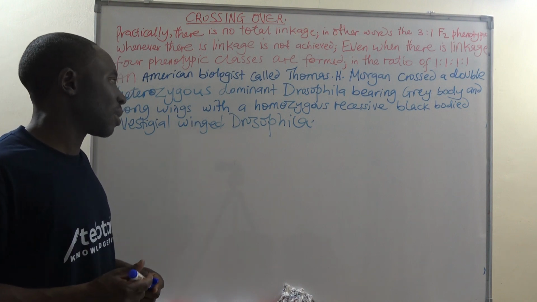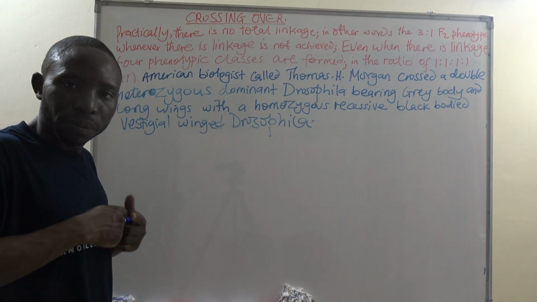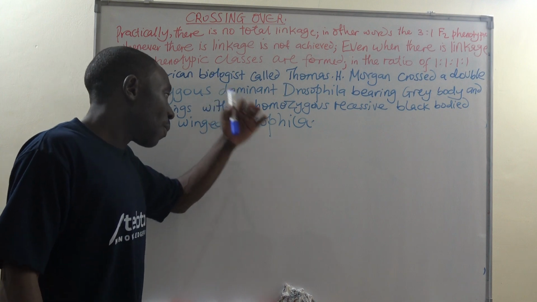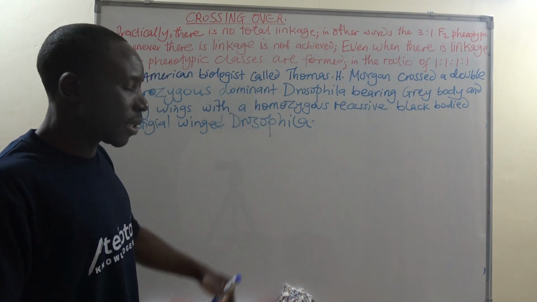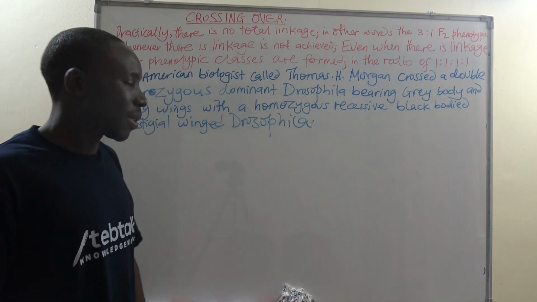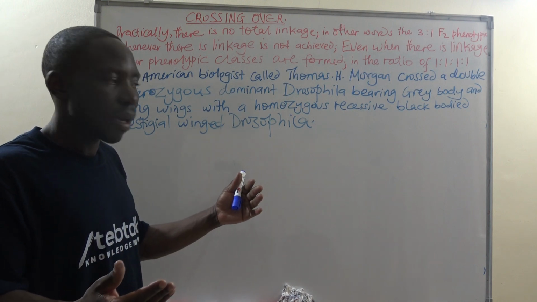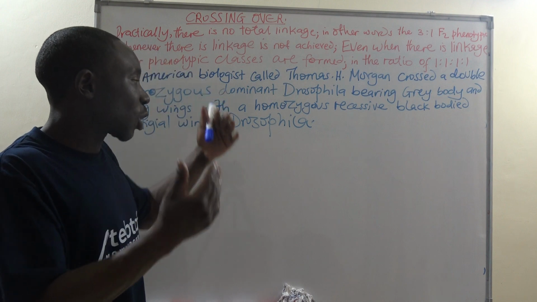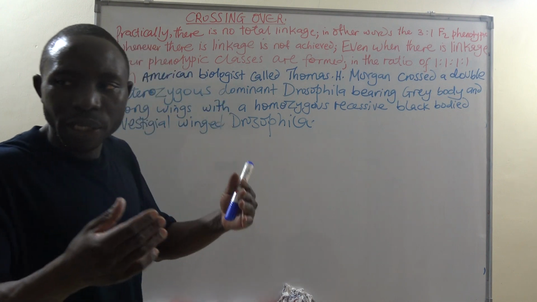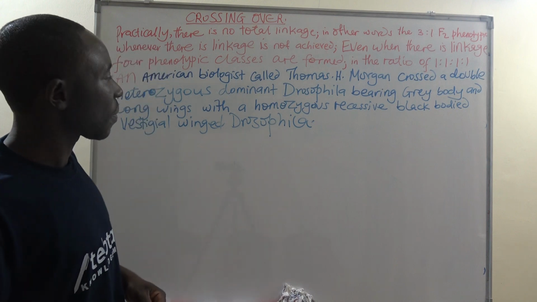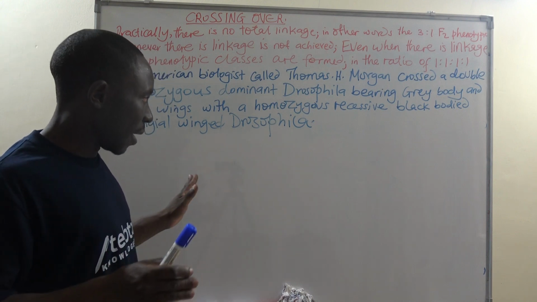Now, when Morgan carried out this experiment, he expected, in the first case, a ratio of 9 to 3 to 3 to 1 in the F2 generation, which he never realized.